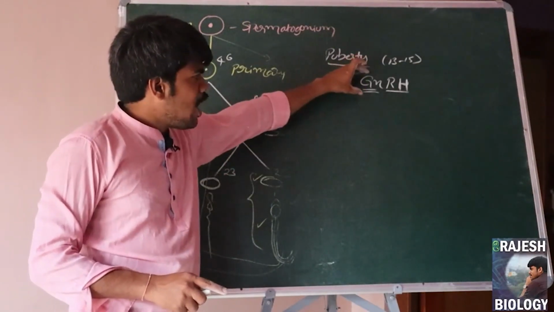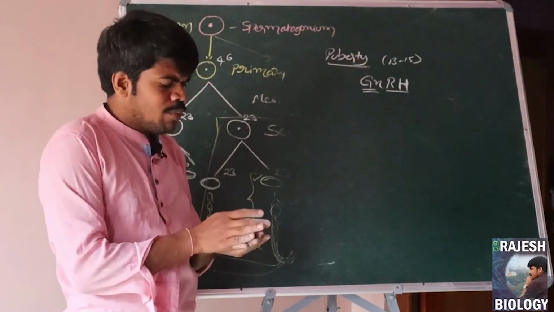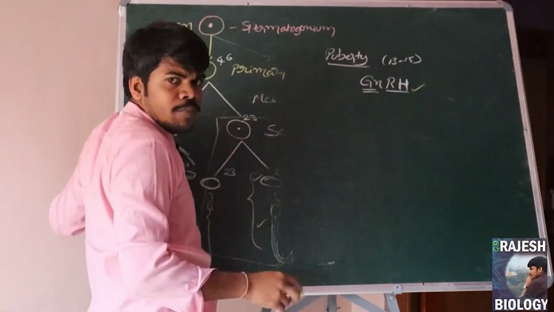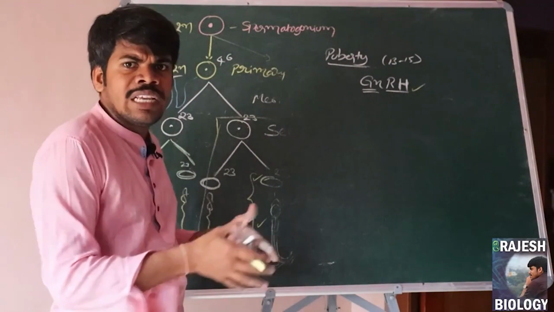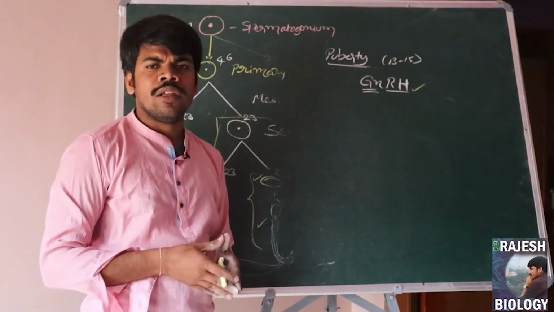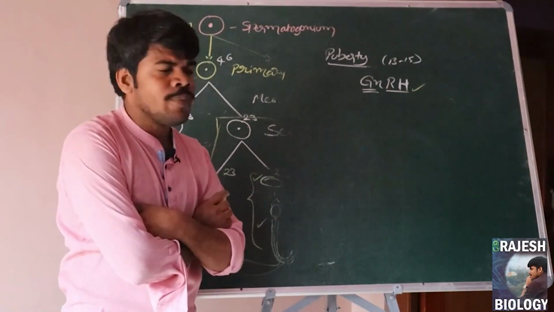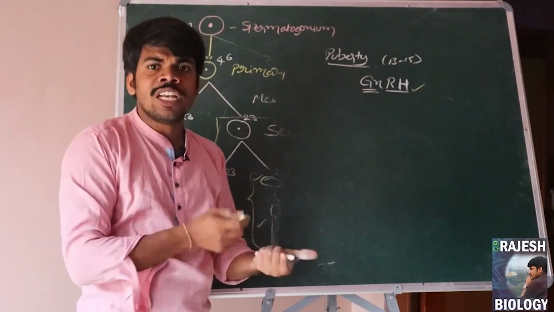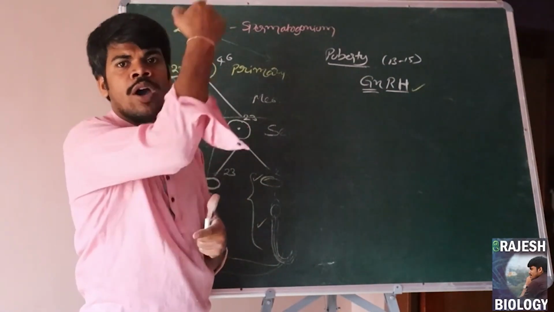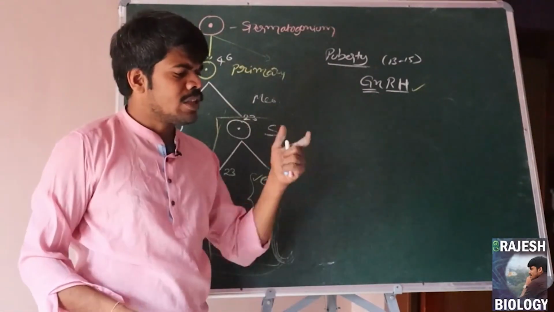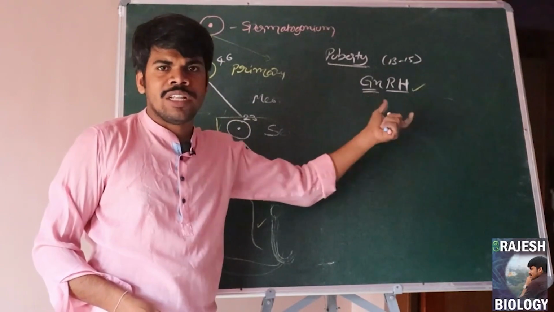So here the hypothalamus releases gonadotropin releasing hormone. Like that it gives the order to the pituitary gland: release the gonadotropins. The pituitary gland receives the order, okay boss, I'm going to secrete the gonadotropins.